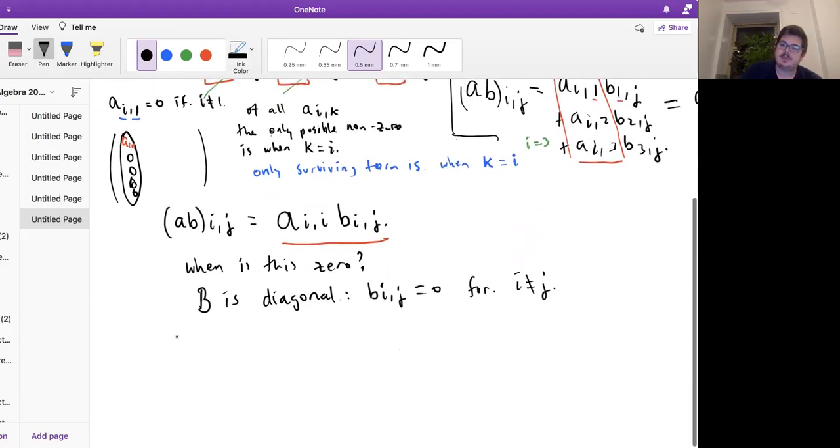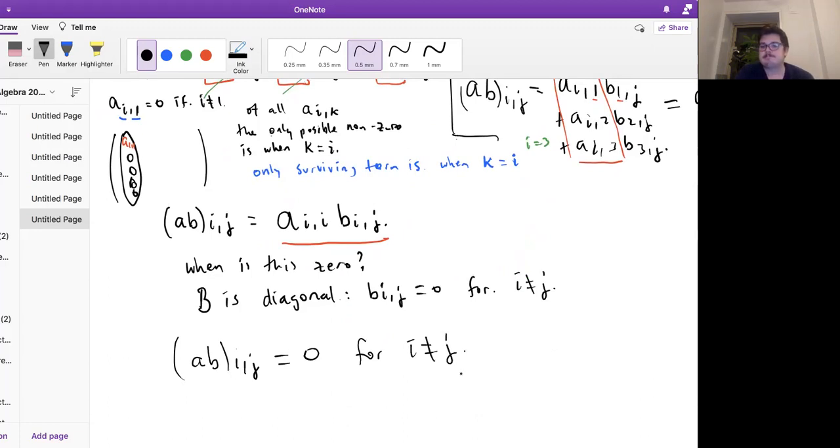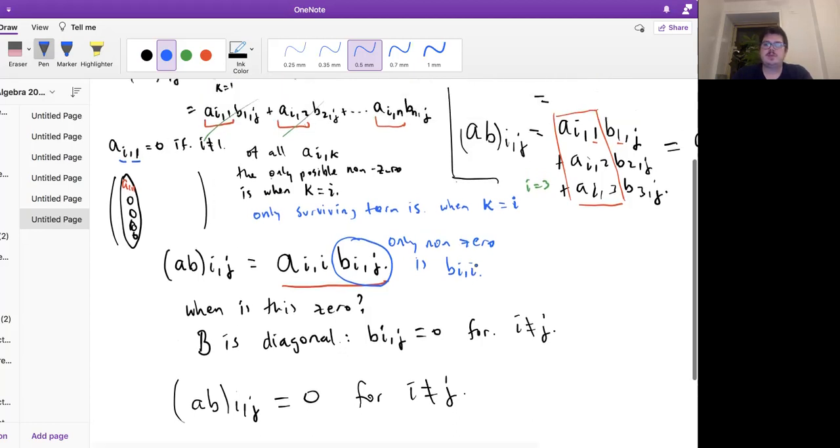So that means (AB)_ij equals 0 for i not equal to j. The only possible way for this to be non-zero is B_ii, like you said. Okay, so any questions on that?